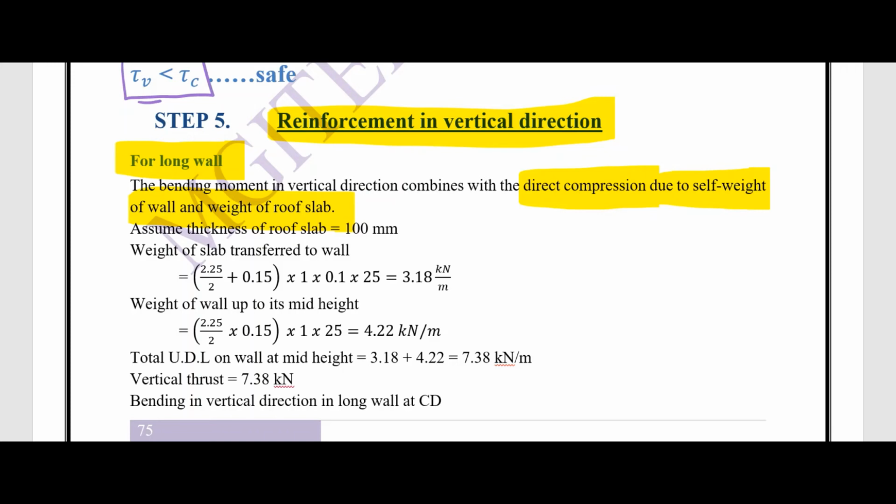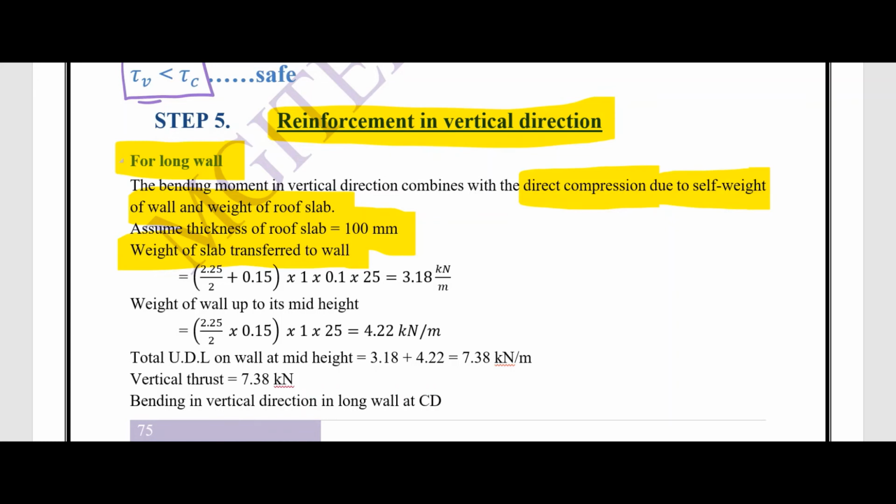So first we design the roof. We assume the thickness of roof slab is 100 mm. Then the weight of slab is transferred to the wall. We are going to transfer the load from slab to wall as slab to beam.